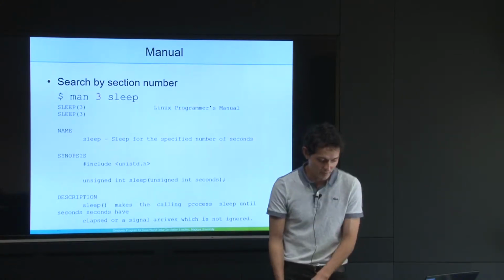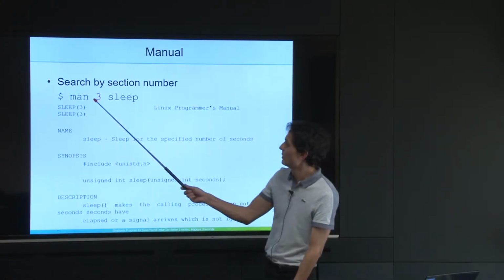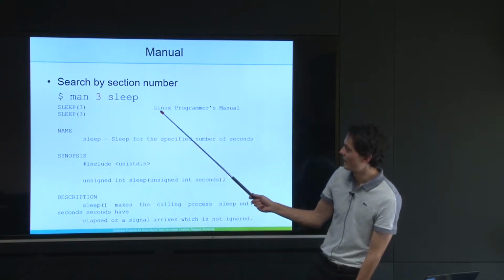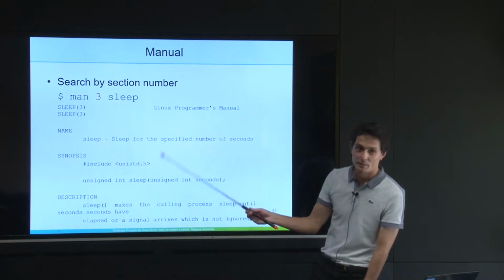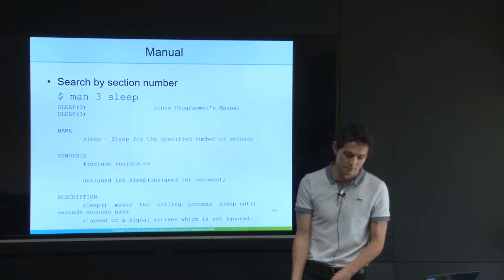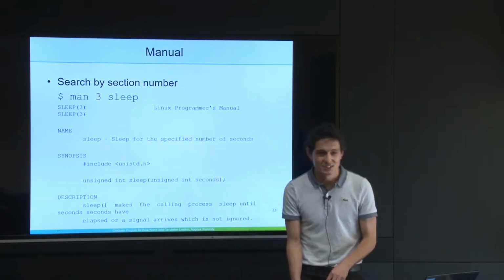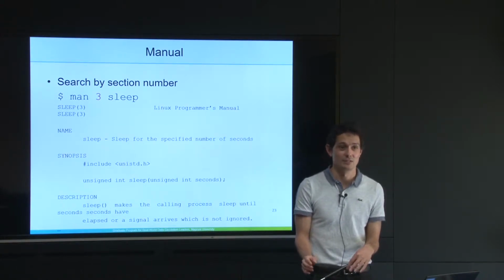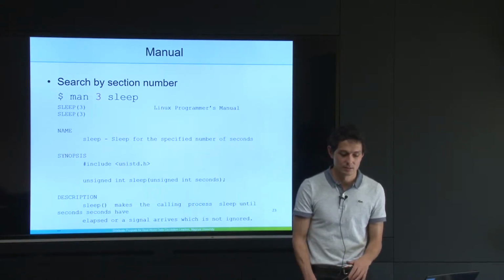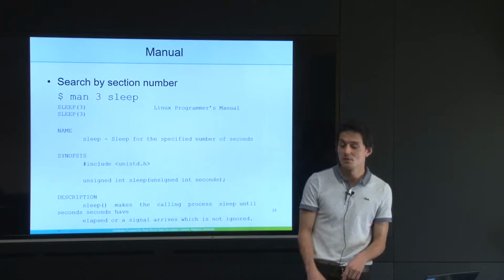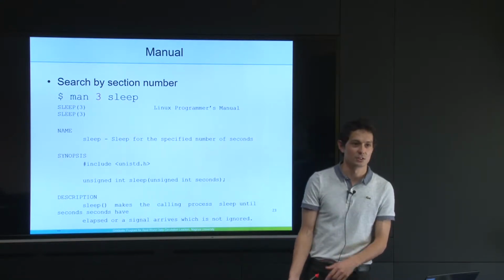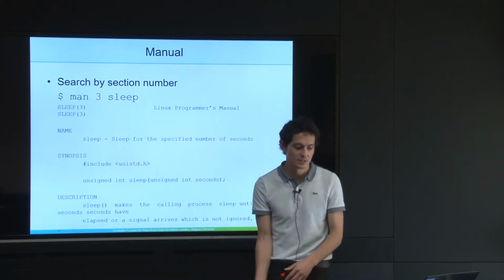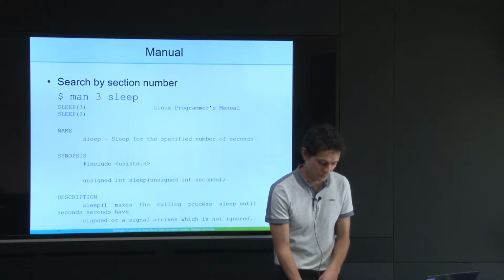If you want to know more about that particular library function, you can go man, the section number, and then the function, and it gives you more detail about what it does. Okay? Typically, just man and the function is enough if you're just stuck and want to know how to use it. So this isn't super important, but for some functions where there's lots of names which are used for several things, like sleep, for instance, it can be useful.